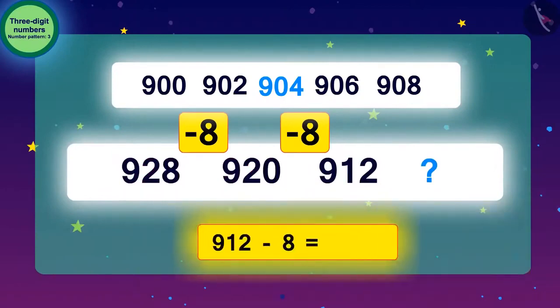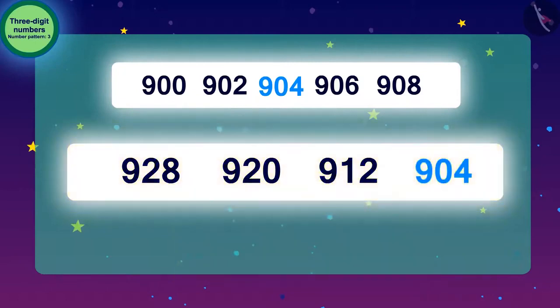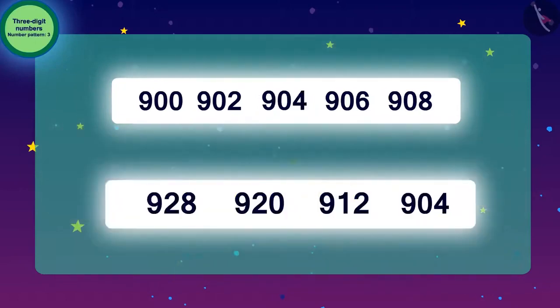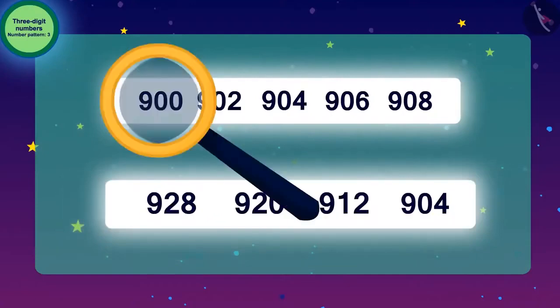Now the number pattern is ready. And the answer to our code is got by subtracting 8 from 912, that is 904. Our second pattern is also complete. Let's look at both the patterns together to find an answer to the alien's last code.